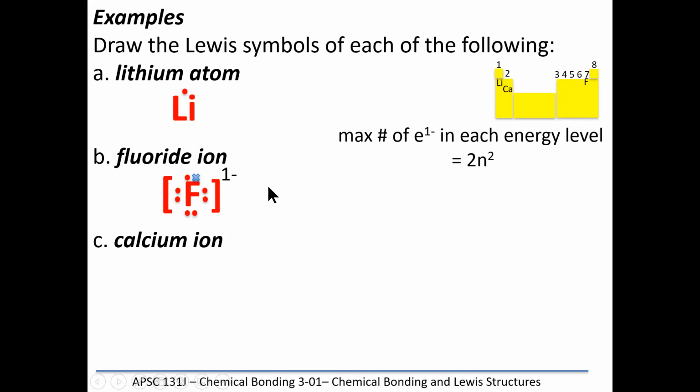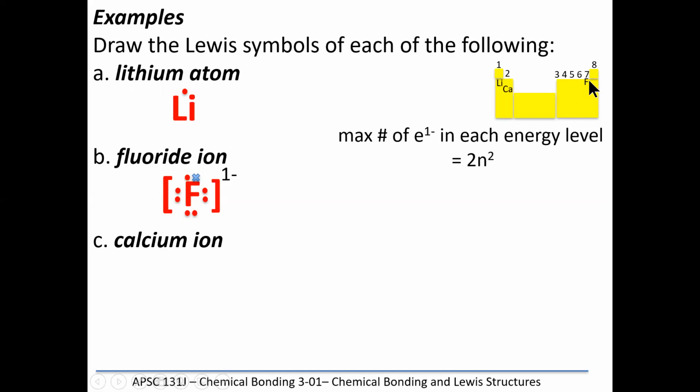A fluoride ion, typically when we draw diagrams of Lewis structures of ions, we put them in brackets. And here we're showing the fluorine is a halogen. It's in this group here, group 17, has 7 valence shell electrons. You can see there in red. But since it ends in IDE, it means it gained an electron in this case because it's a non-metal.